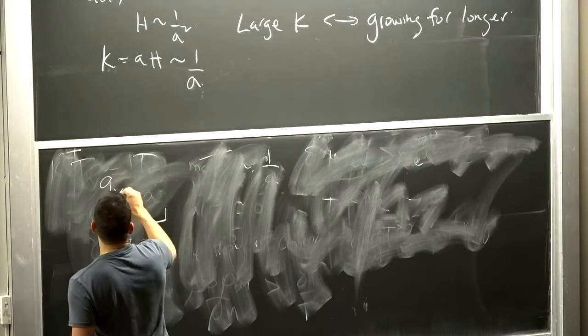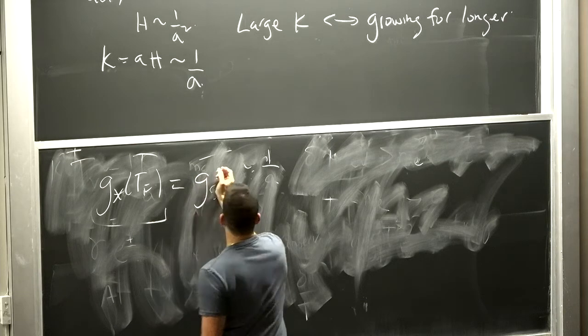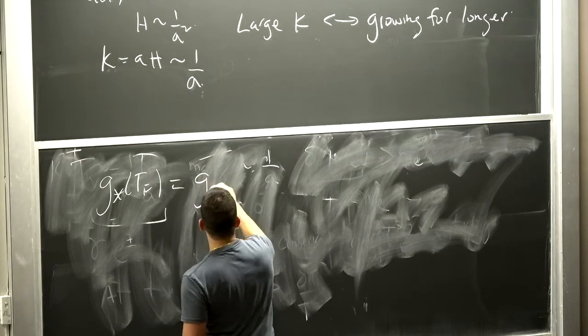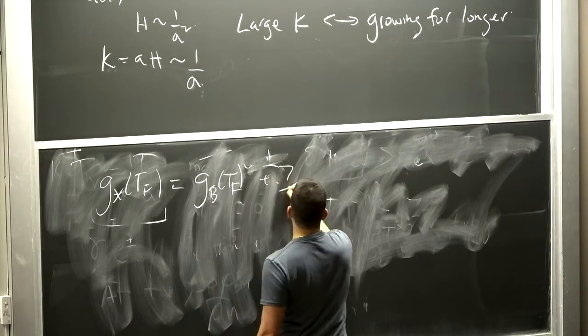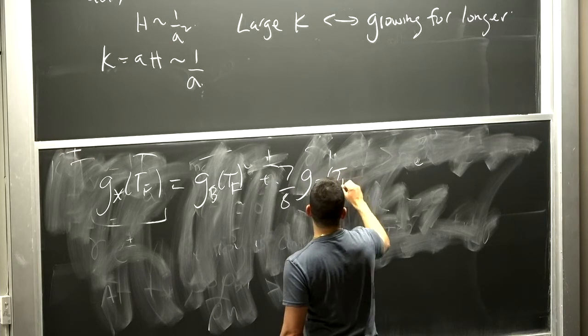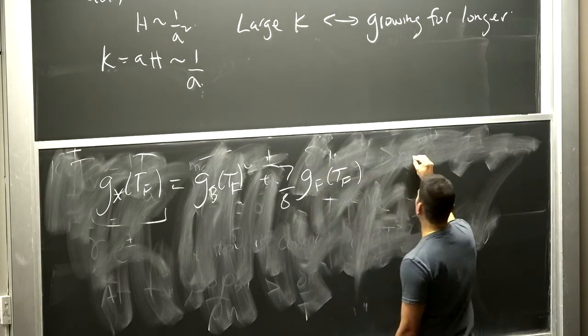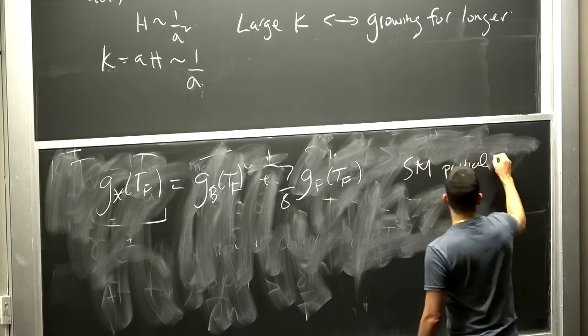G star of F is equal to the number of relativistic bosonic species at temperature T plus 7/8 the number of fermionic degrees of freedom at temperature TF, for standard model particles. Okay?